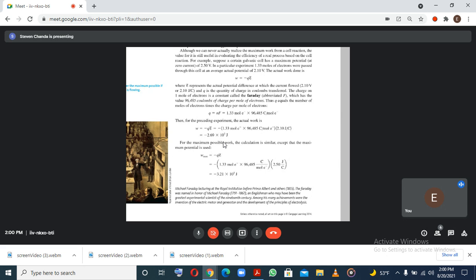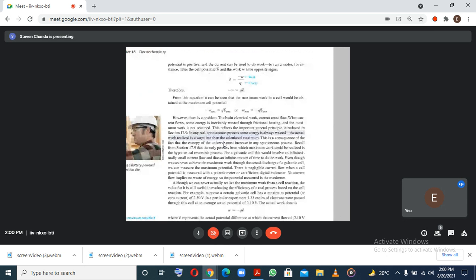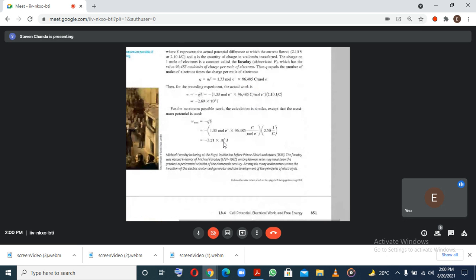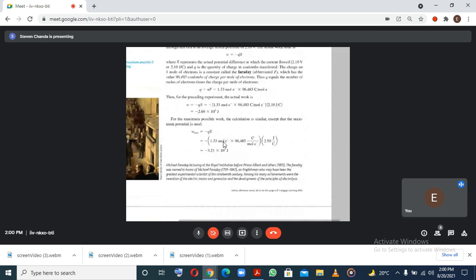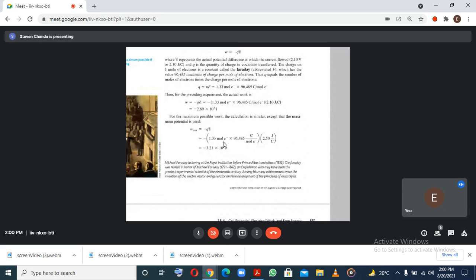And this is just basically coming from the equation on top there. So you're just making work the subject of the formula, right? So that's something important to take note of. We know that E represents the actual potential difference at which the current flowed, the potential difference that was actually occurring in that particular cell.